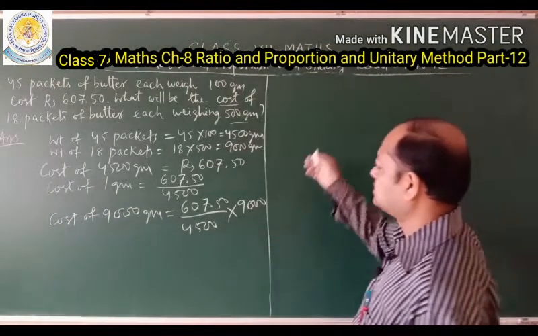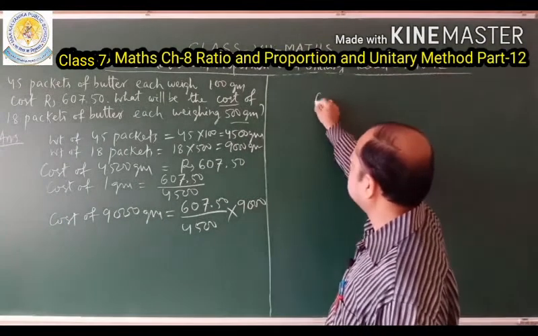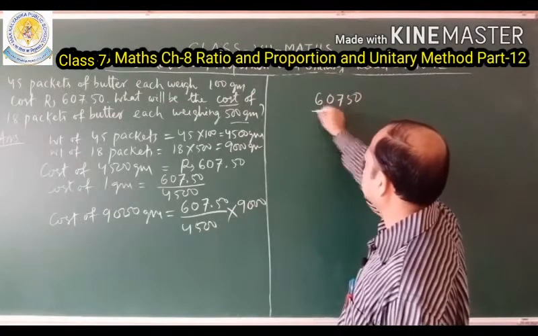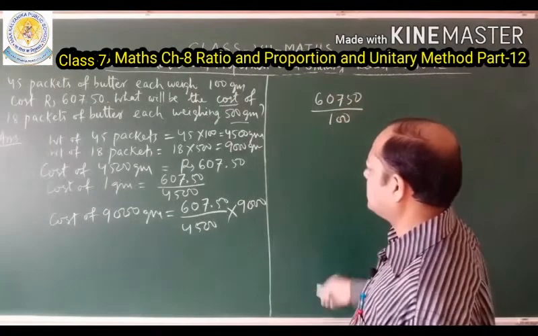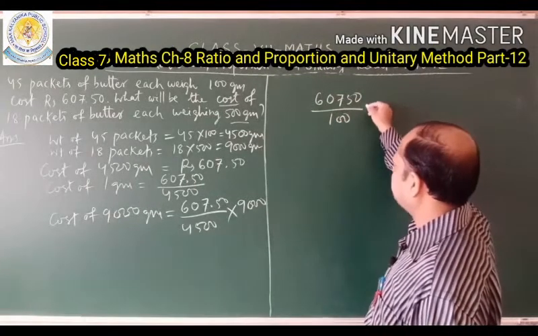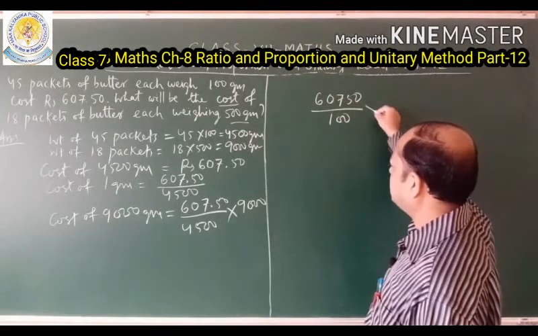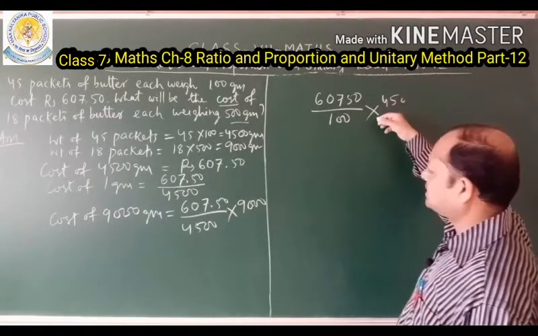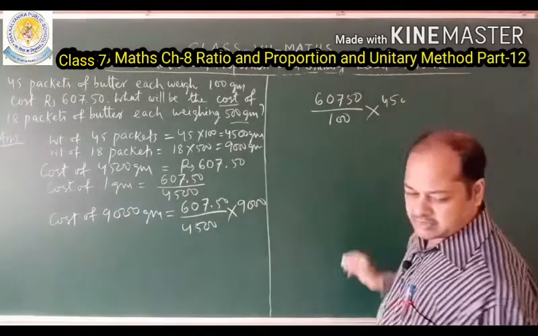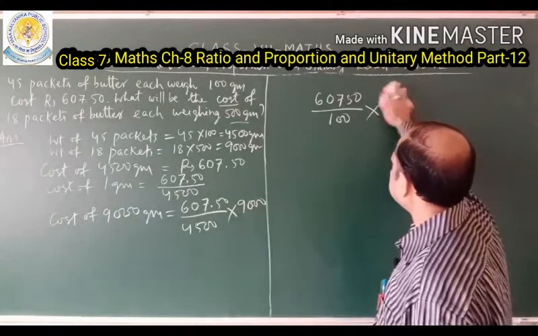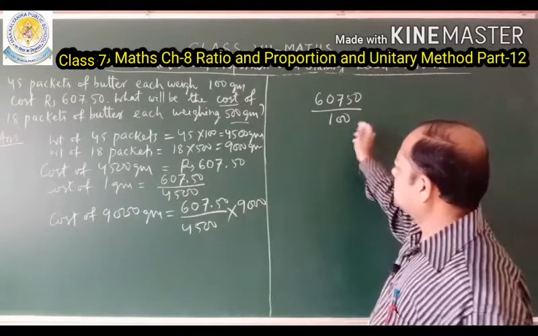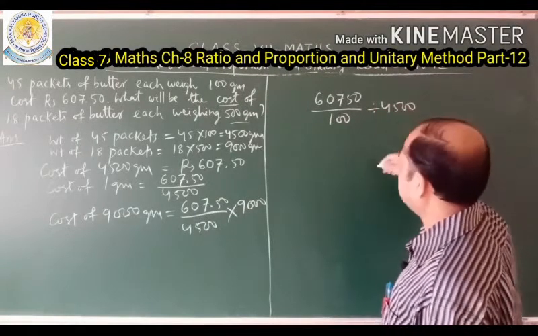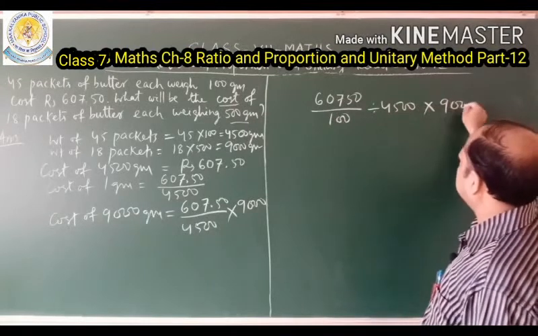The cost is asking the required, so try to solve this one. 607.50 means what? Divided by 100. And this one if you reciprocal it, it will be 4,500, because it is divided, or you can multiply here this one. So this one is divided by 4,500 into 9,000.